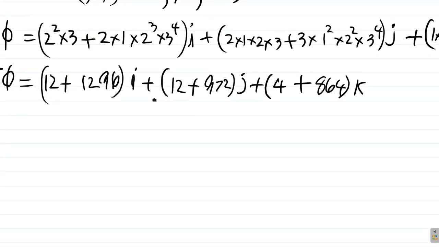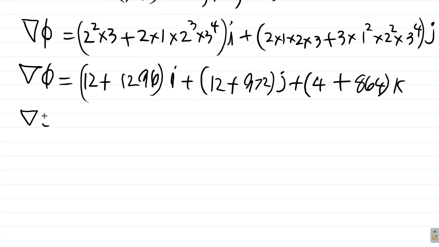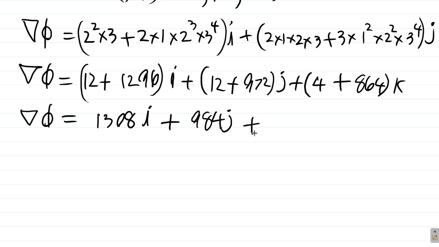So now the gradient of phi is equal to, so you have 1296 plus 12 would give you 1308, so it's 1308 i plus the 972 plus 12 would give you 984 j, plus, and then the 864 plus 4 will give you 868 k.